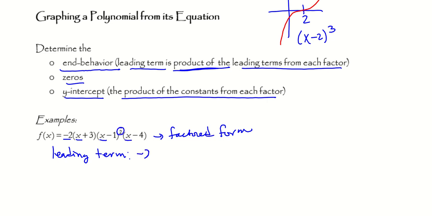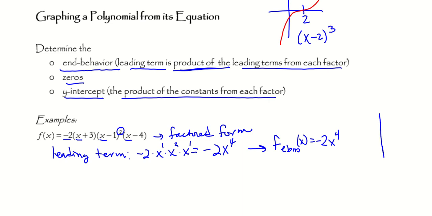So if I take negative 2 times x squared times x, I get negative 2x to the fourth, right? 1 plus 2 plus 1 is 4. That leading term leads me to my end behavior model for f, which is negative 2x to the fourth.